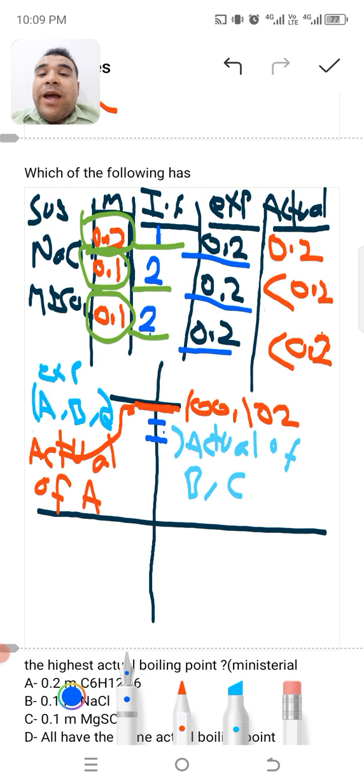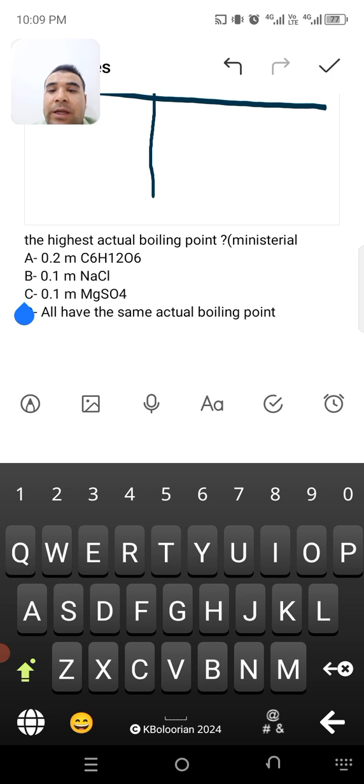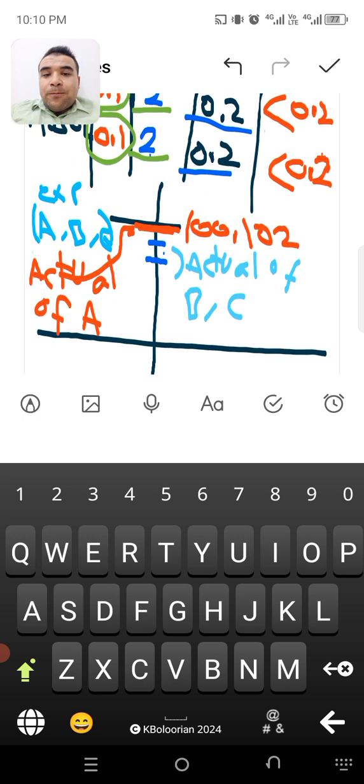So if the question asked about the expected value, D would be the correct answer, since they all have the same boiling point, if not the actual. But for the actual, two of them, the electrolytes, have different actuals than the expected.